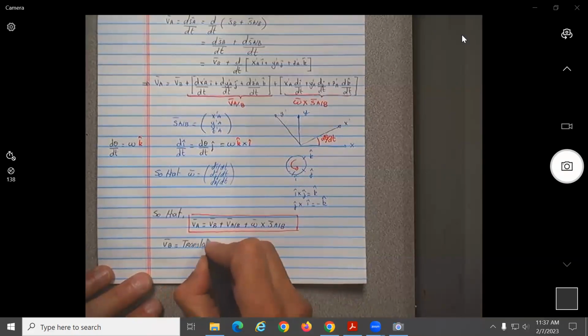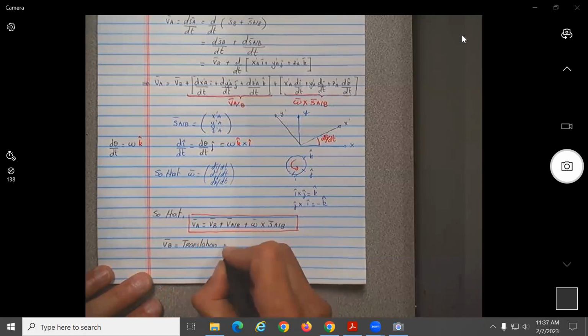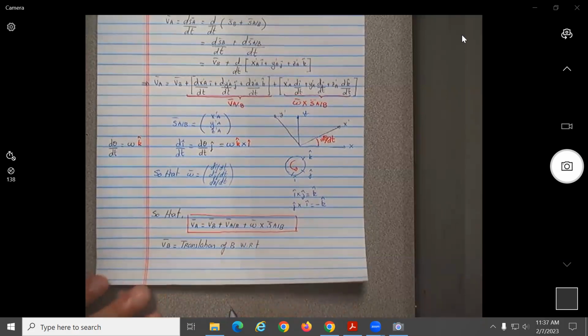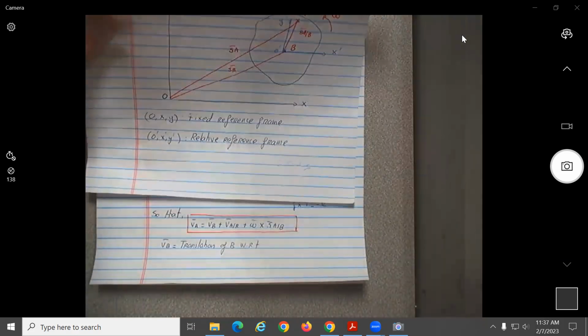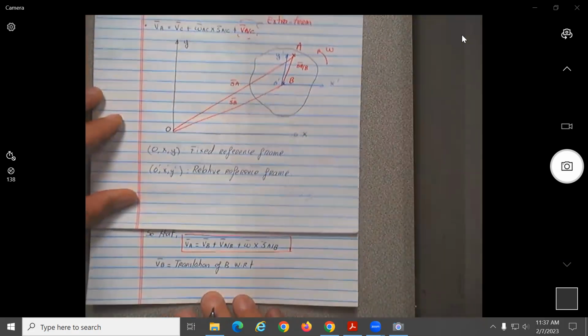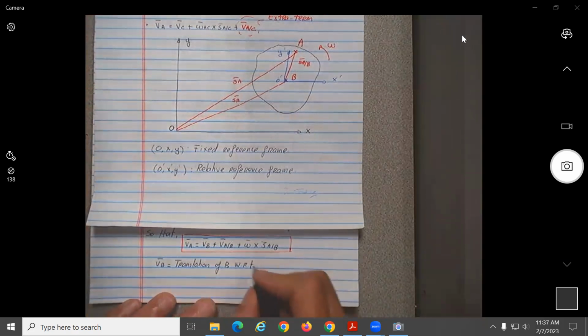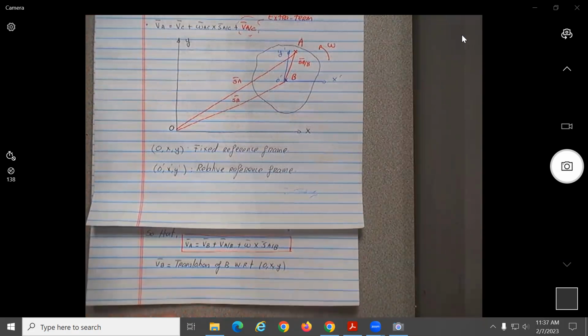It's translation, no? Translation of B, and here WRT means with respect to, and now I want you to let me know with respect to which reference frame. That's the original, the fixed reference frame with respect to O, X, Y. You're looking at the object moving, no?